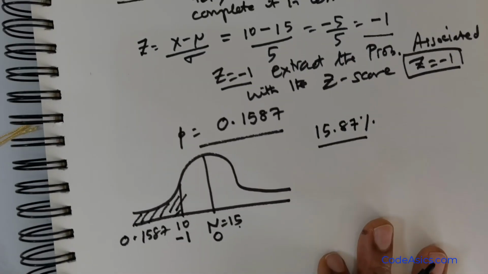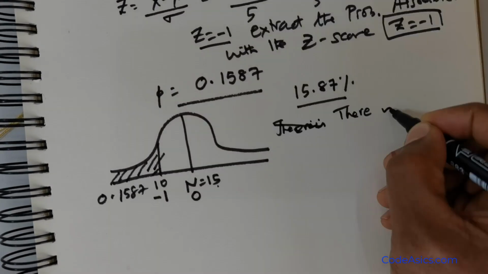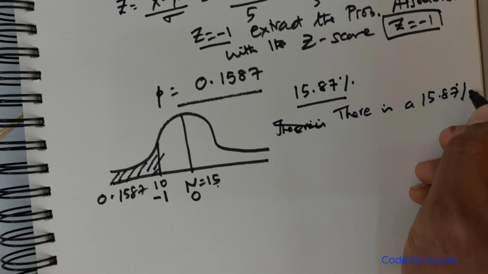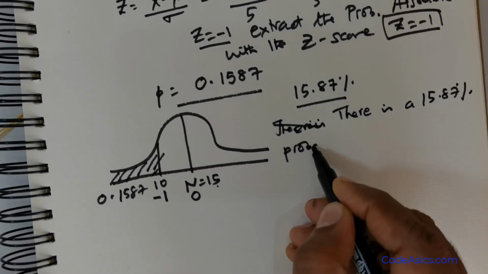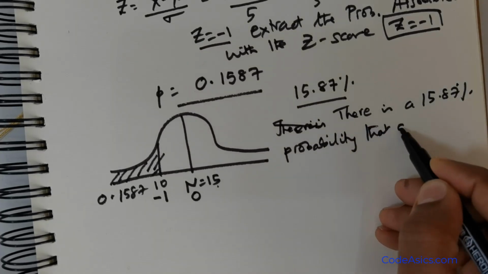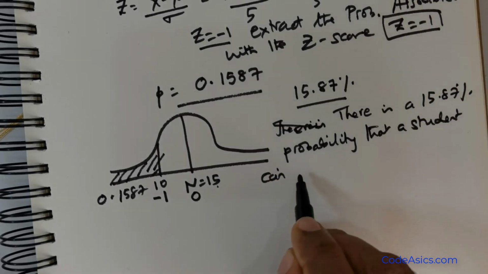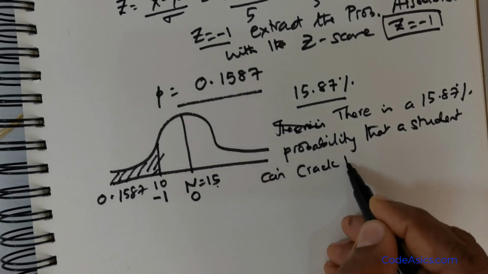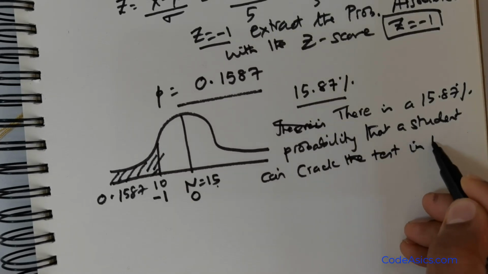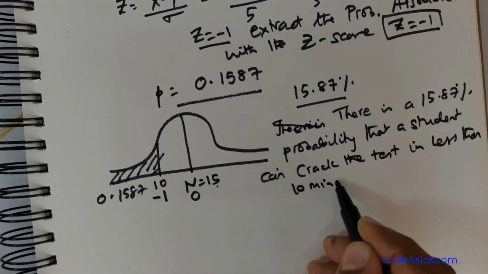So this region is given to be 0.1587, and if you were to convert this, we are getting 15.87%. So what is the meaning of this 15.87%? It means there is a 15.87% probability that a student can crack the test in less than 10 minutes.